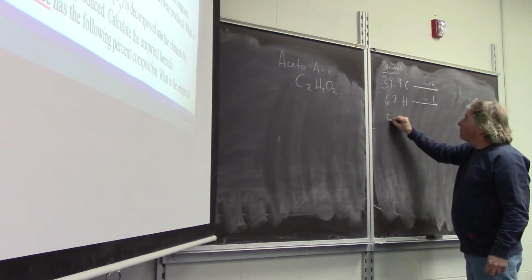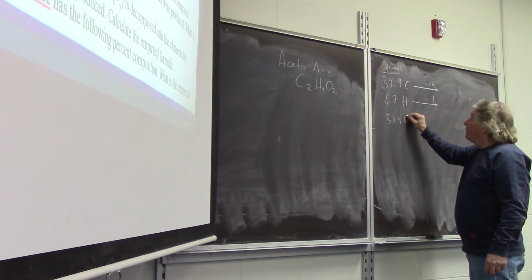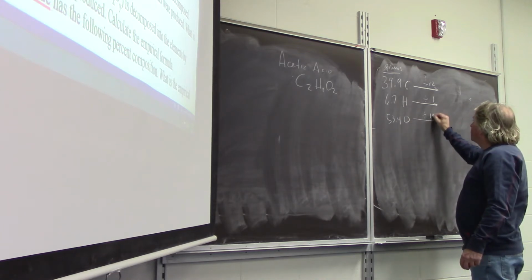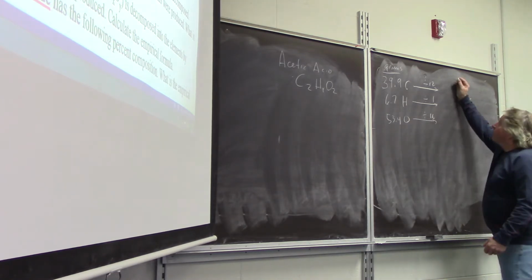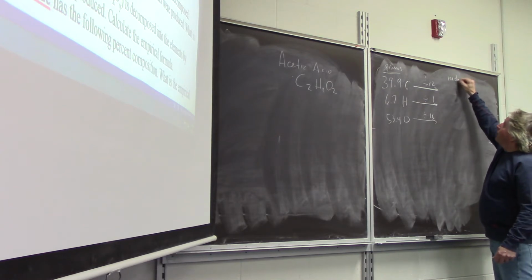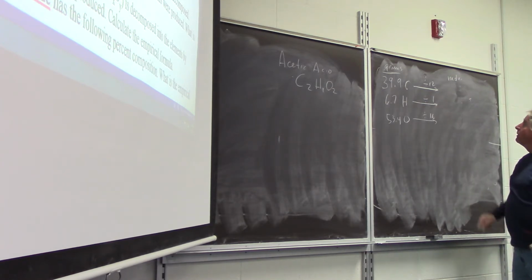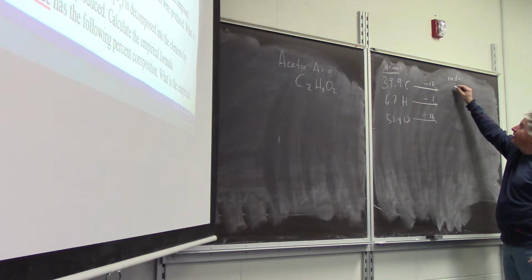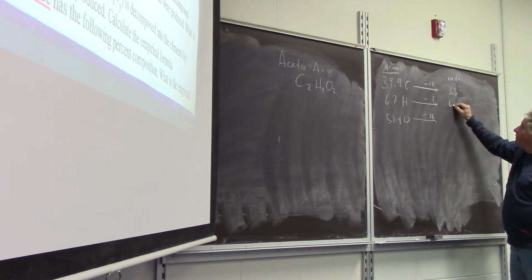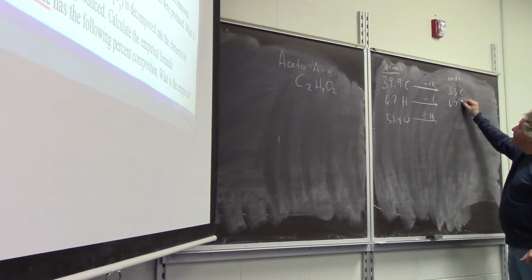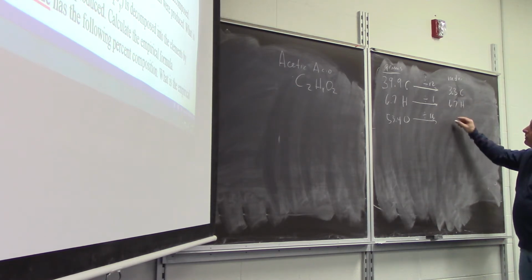And 53.4 divided by 16. And your moles. What's the mole? 39.9 divided by 12 is 3.3. This is 6.7. I can do that in my head. I'm smart. And I can do this in my head too because I know the answer.